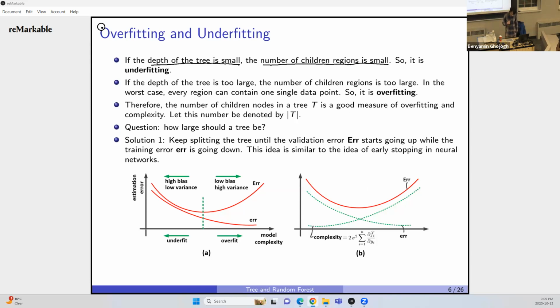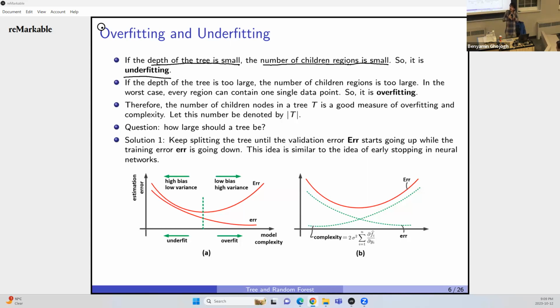So for the small depth, the number of children is small, so it is underfitting. Why? Because I didn't partition the space enough, and my partitions of the space have impure labels, a lot of different labels, right?